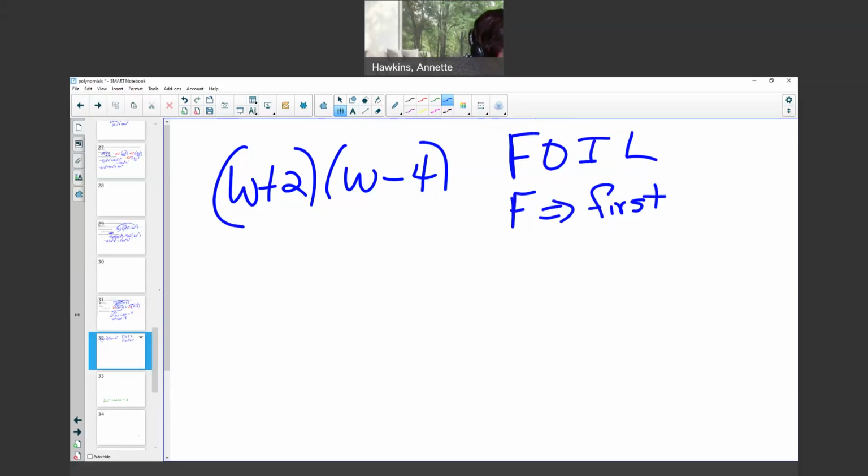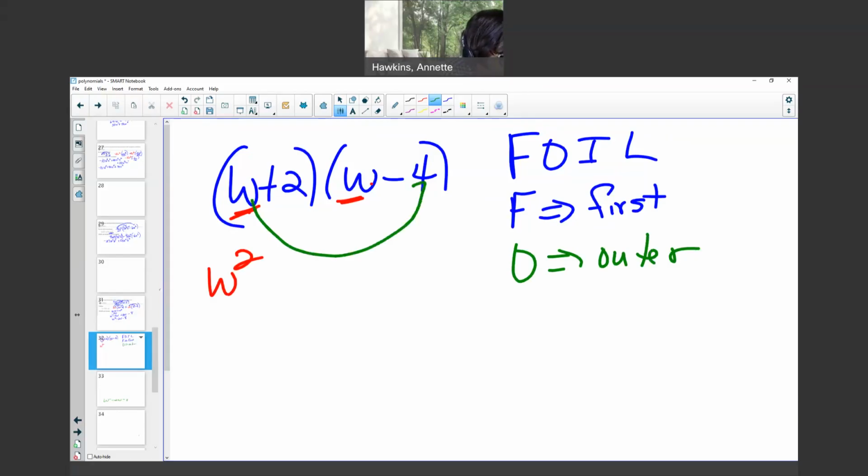These are the first terms right here. So W to the first times W to the first is W squared. O stands for outer. Okay, we multiply the outer terms. Okay. Now outer means outer. So this times this would be outer.